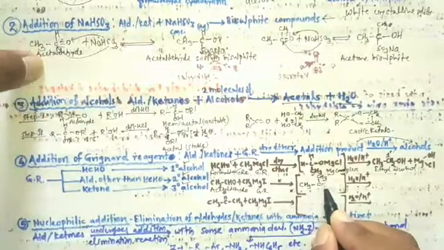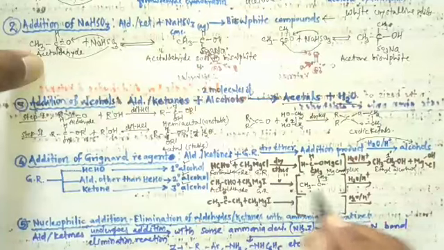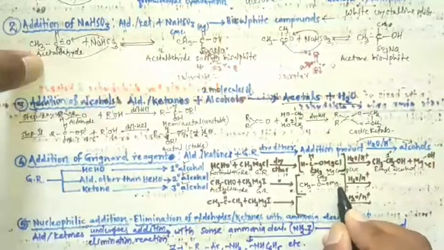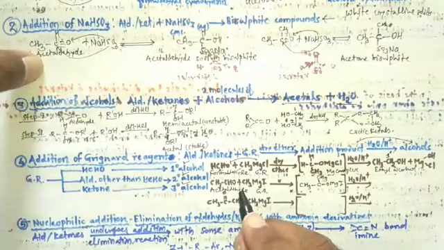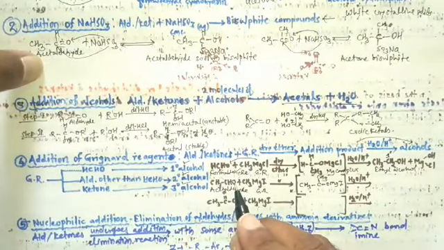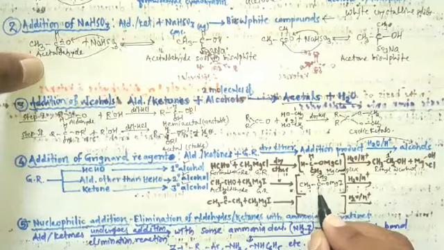So in the magnesium complex, here CH3, then to this oxygen MgI is attached, therefore OMgI, and here there is another hydrogen atom.